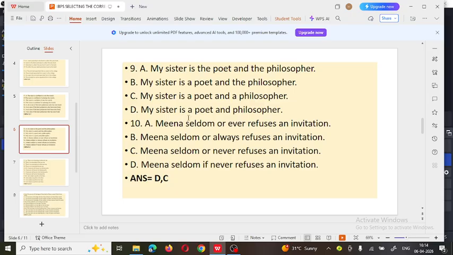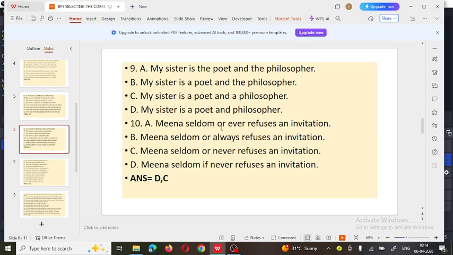My sister is a poet and philosopher. Now friends, here two adjectives are used for one noun. My sister is the one noun, and for this noun two adjectives are used, poet and philosopher. So the article must be used only with the first adjective, whatever it is. So "a poet and philosopher", option D is correct.